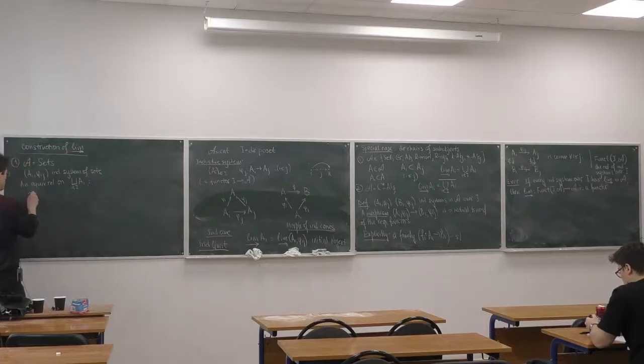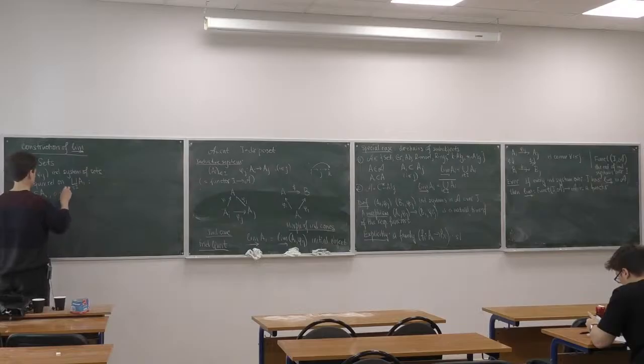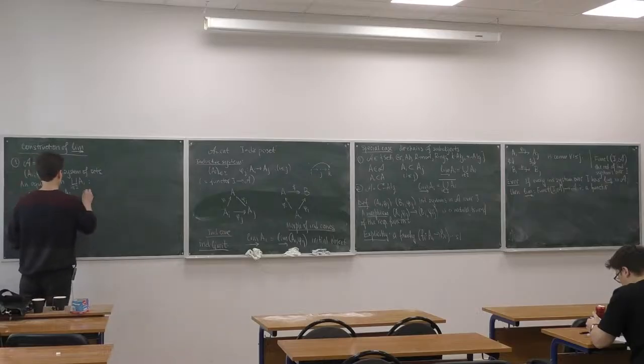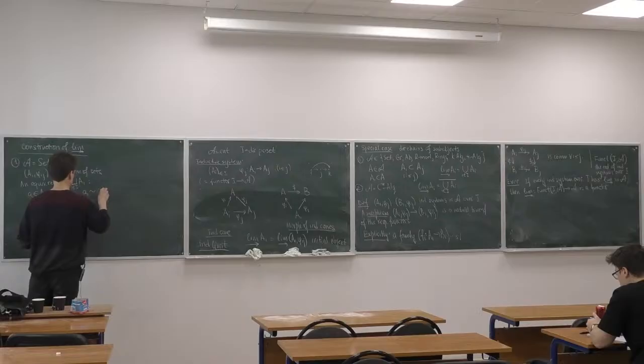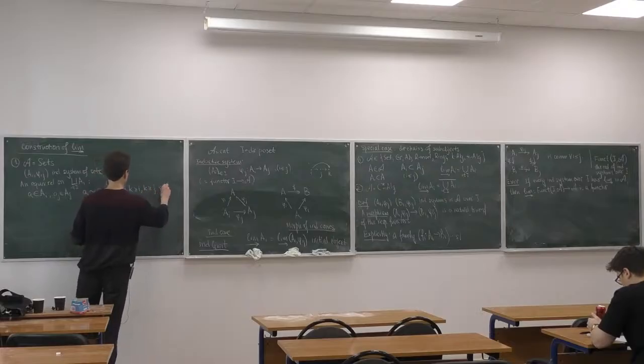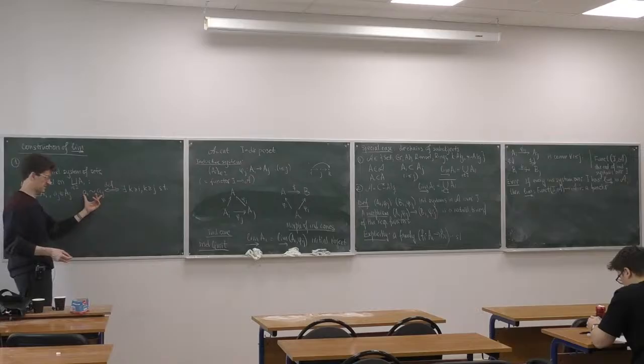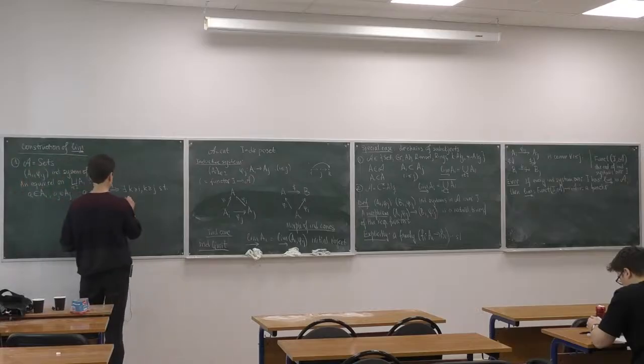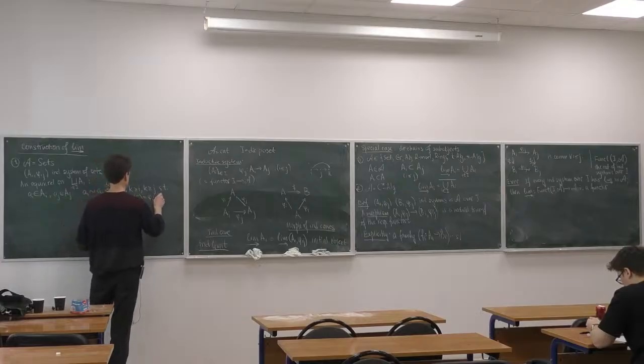If we have two elements of this disjoint union, say one of them sits in Ai and another in Aj, so they are two elements of this disjoint union, we say that they are equivalent by definition if there exists an index k, which is greater than or equal to i and greater than or equal to j, such that the images of these two elements in the set Ak are the same. Phi ik of ai equals phi jk of aj.